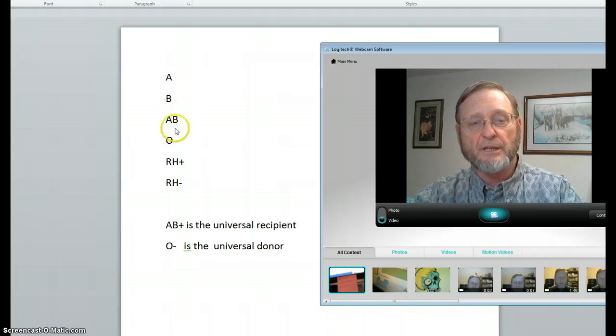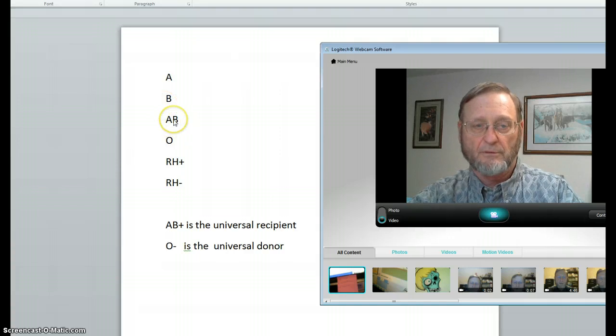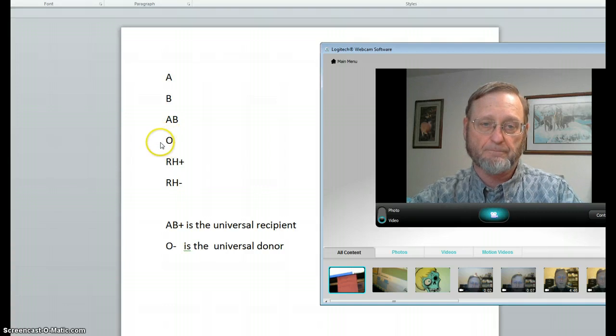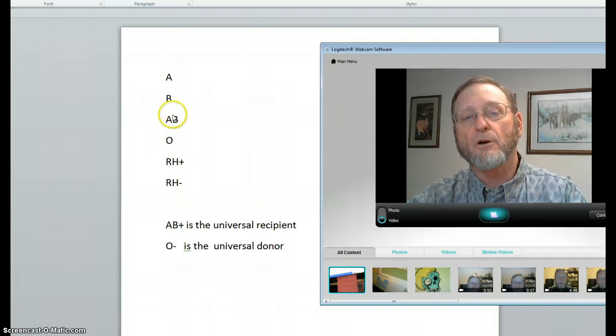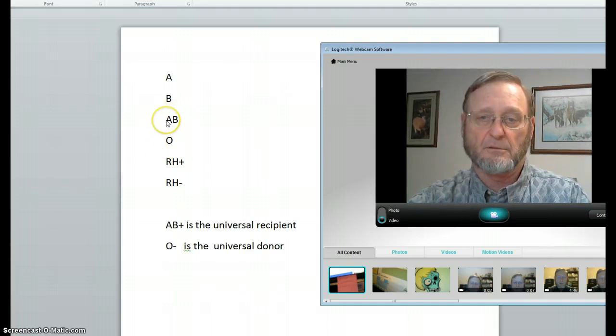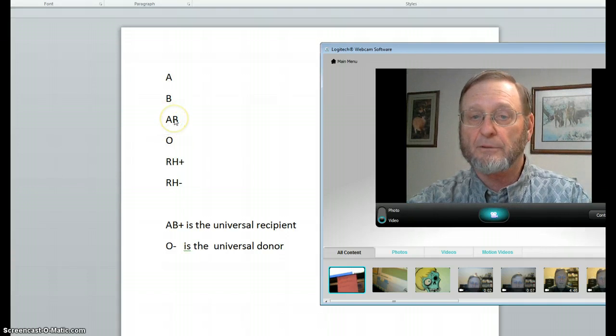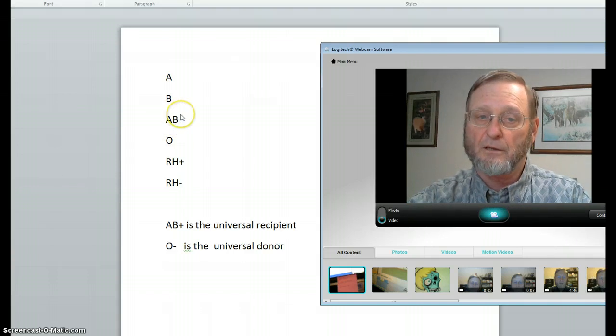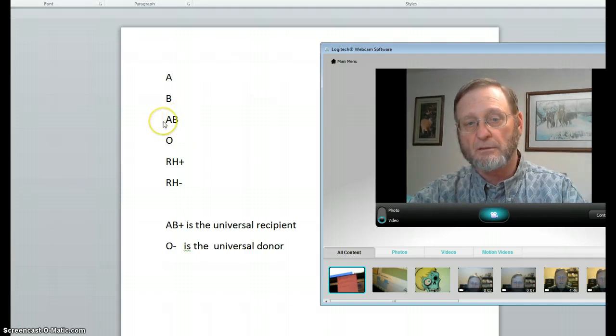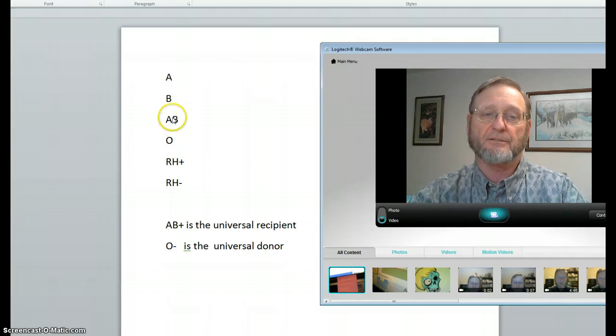You can also be AB, in which case you're not A, you're not B, you're AB. You have both. That's codominance. Or you can be O, in which case you have neither. Okay? So an AB person has no antibodies against A or against B. Isn't that nice?